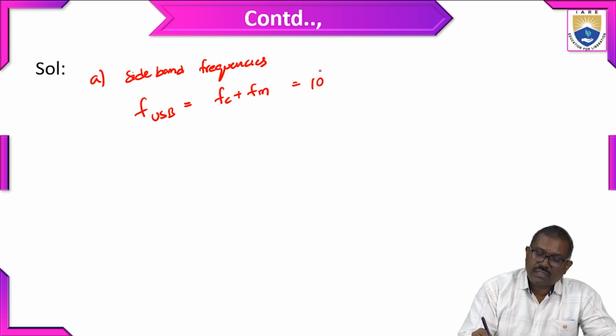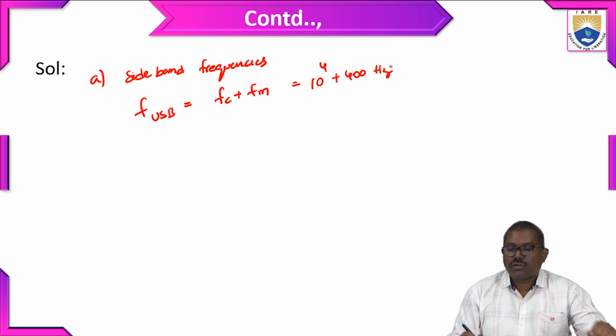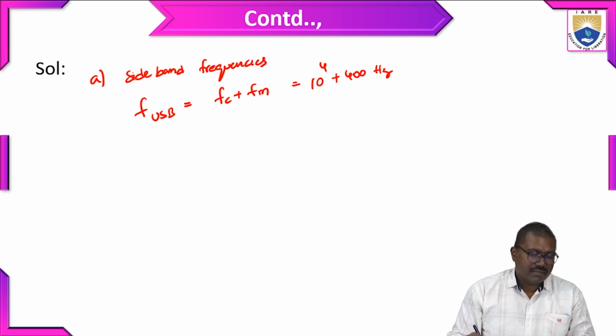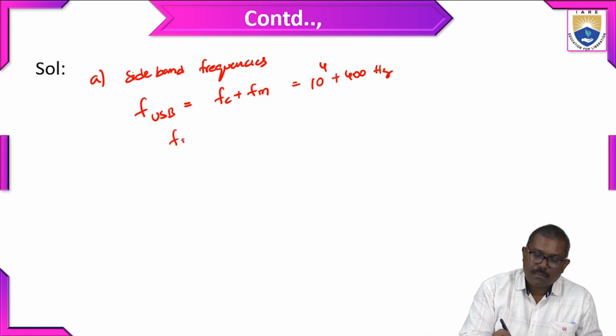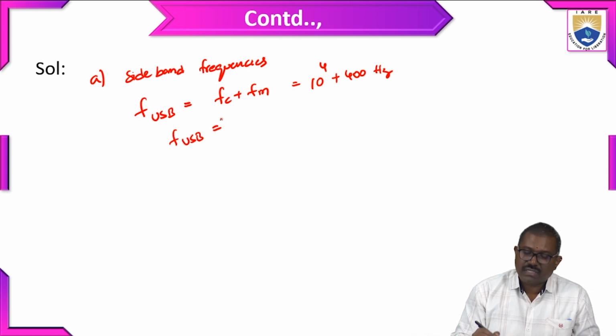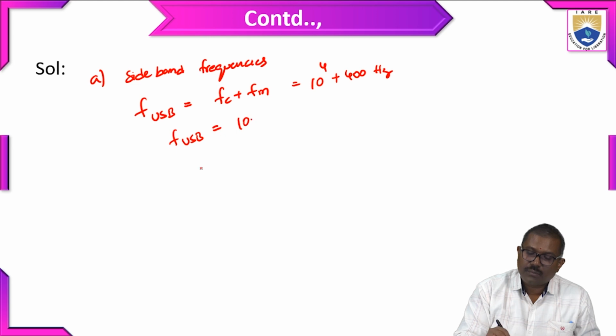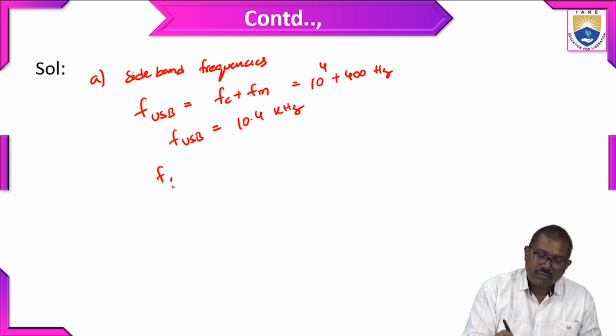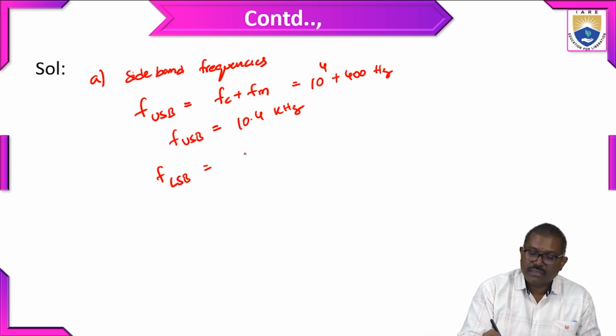So one is 10 to the power of 4 plus another is 400 hertz. So one is 10 kilo, another is 400 hertz. So finally my upper sideband frequency is equal to 10.4 kilohertz. Okay, and another is my lower sideband, that is FC minus FM.